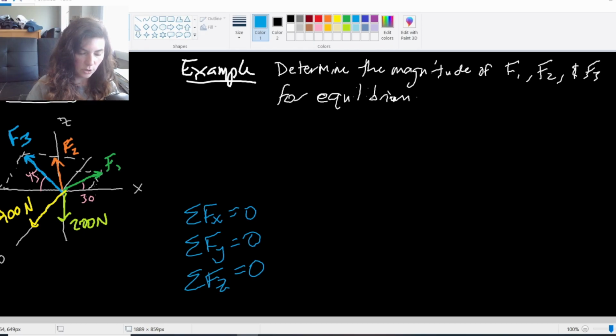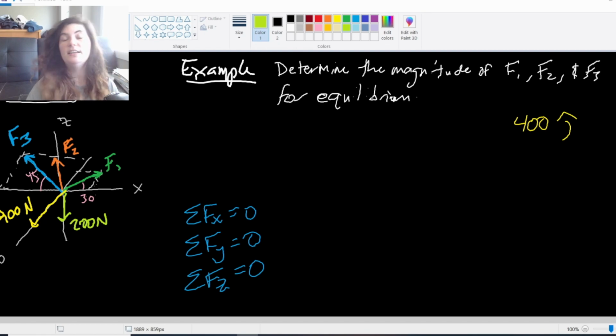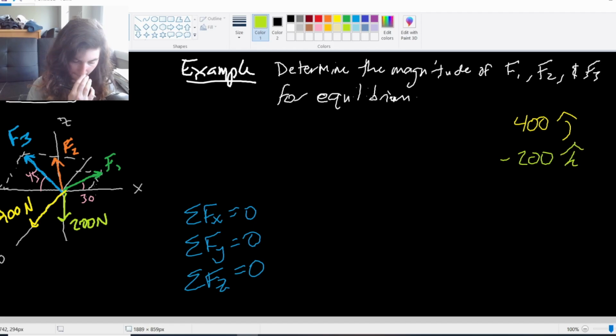They don't share with anyone else. So our 400 is a positive 400, in the positive y direction. So 400 j hat. I can just write it as that. Our given 200 is in the negative z direction. So it is a negative 200 k hat.